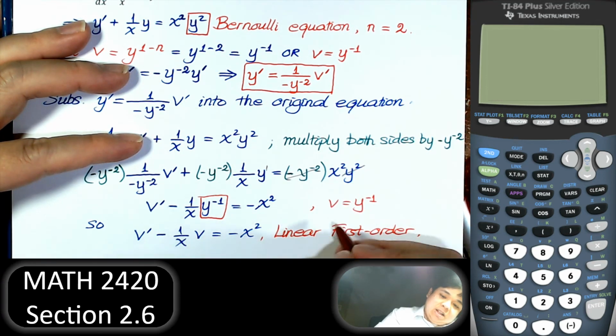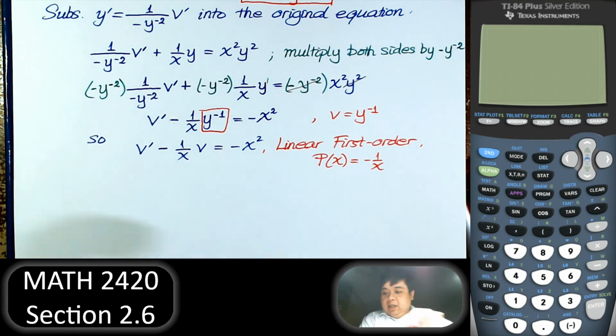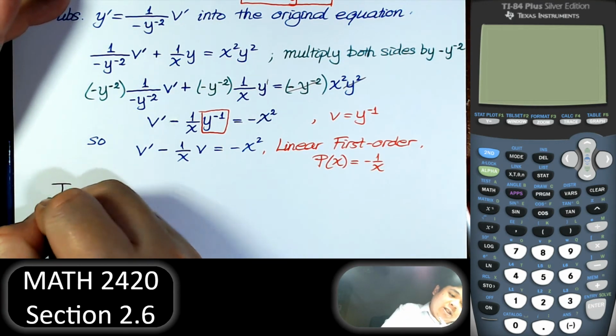And then p of x is negative 1 over x. The integrating factor is e to the integral of p dx. Integrating factor.